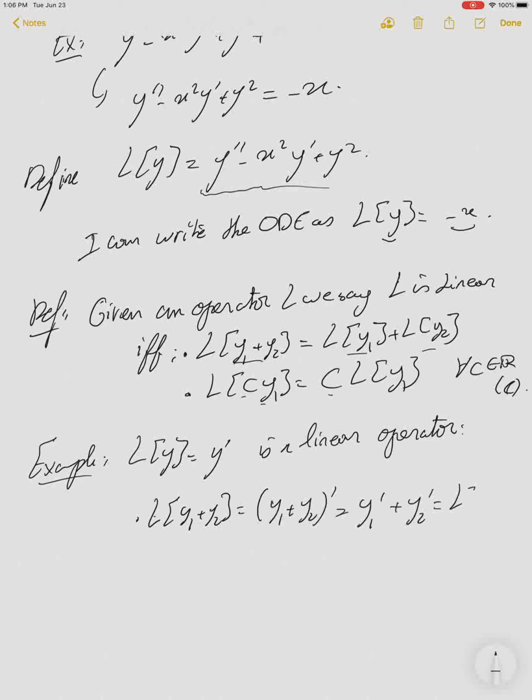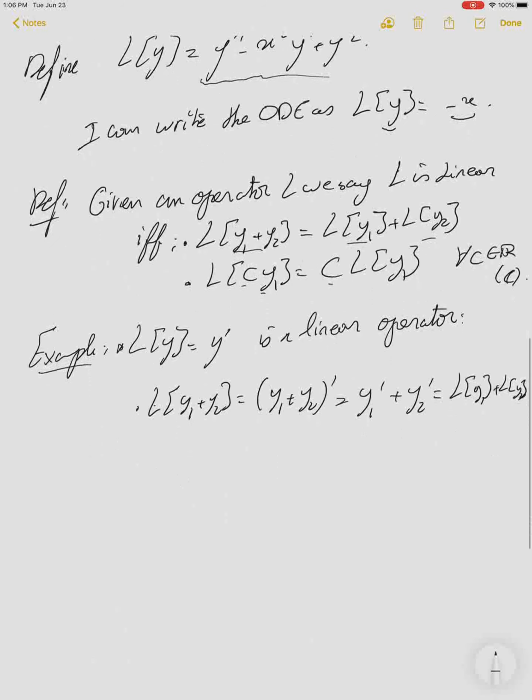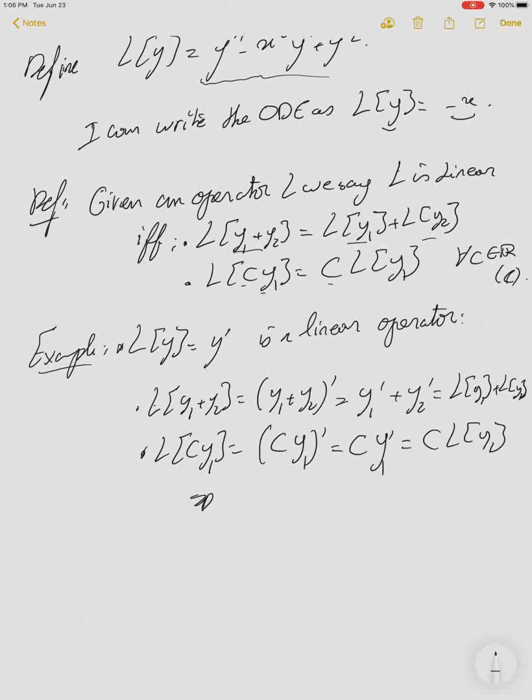But y1 prime is the image of y1, and y2 prime is the image of y2. And L of c y1 by definition is c y1 prime, but what is the derivative of a constant times the function? It is c y1 prime, and this is c L of y1. And this implies that L is linear.